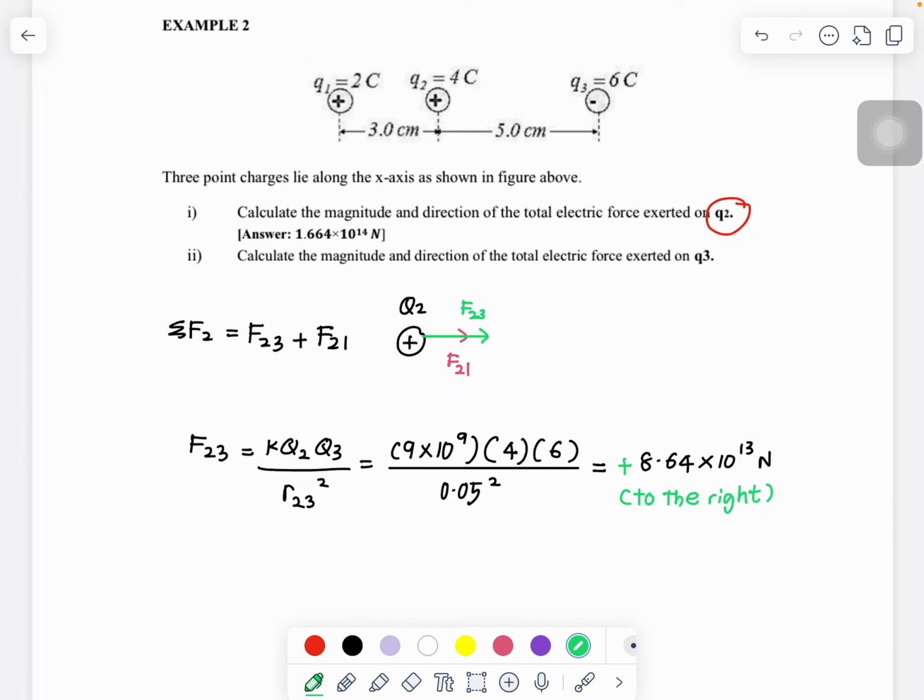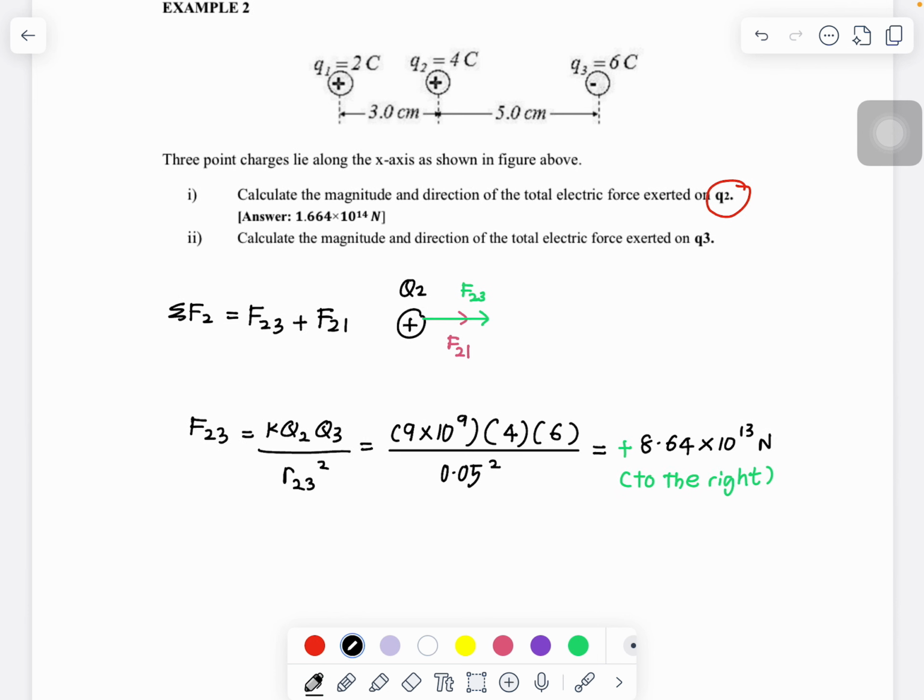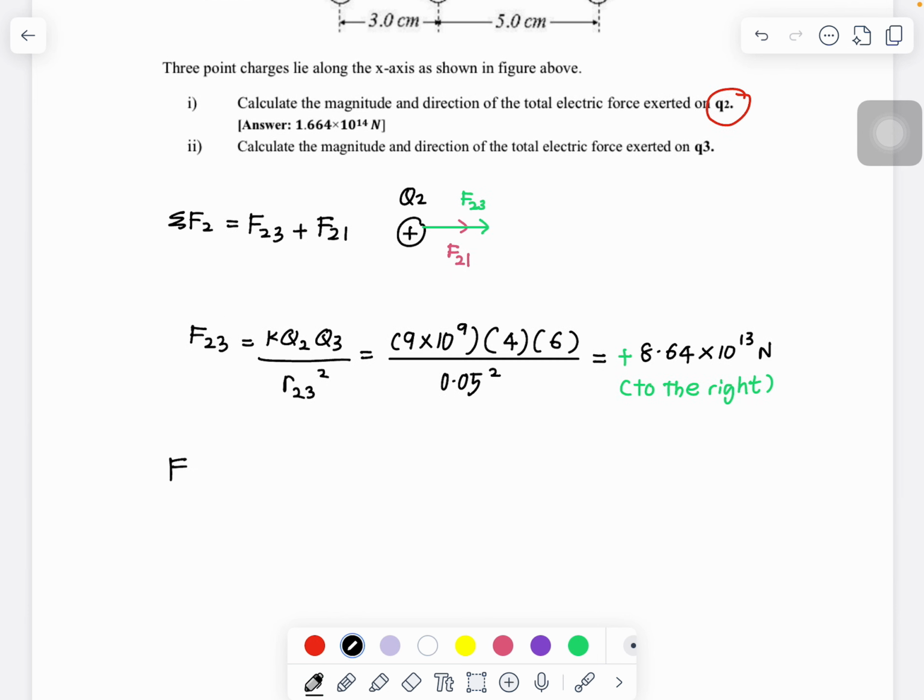Okay, now let's calculate for F21. Okay, formula yang sama, cuma kali ni kita masukkan value yang berbeza lah, because it's between 2 and 1. So 9 exponent 9. Okay, this is the constant, is given in the list of constant.